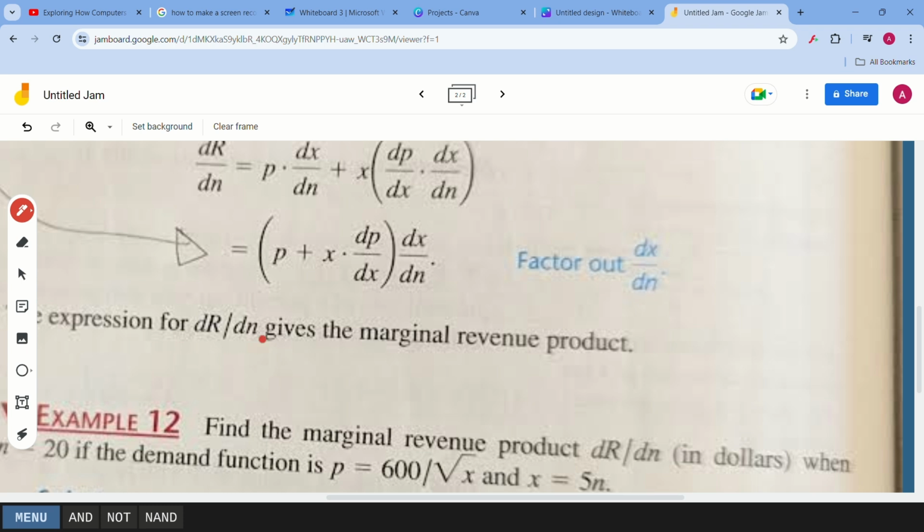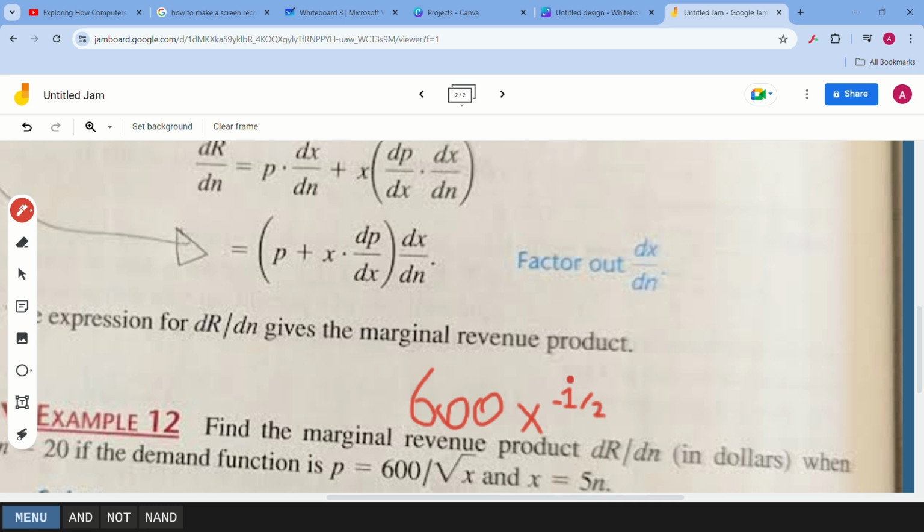So I'm going to give y'all a startup. We can write 600 over the square root of x as 600 times x to the power -1/2. And x equals 5n.